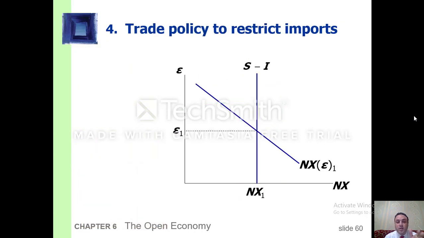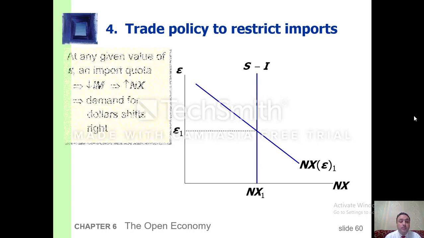Finally, the trade policy to restrict imports. What if a country has new trade policies for restricting some imports, like what happened between the United States and China in this trade war, where they restricted the imports of many Chinese goods by imposing quotas or subsidies?